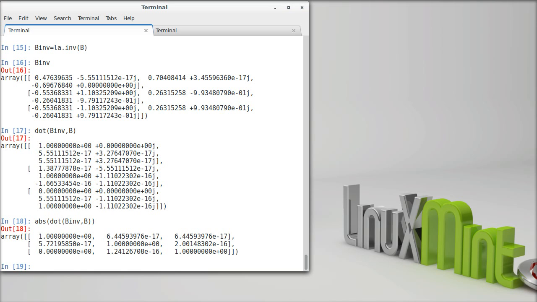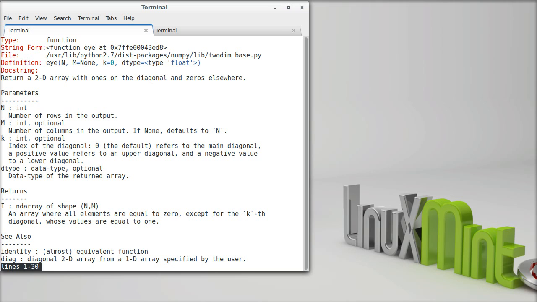And furthermore, we can subtract this off from the identity. Now, the identity is the diagonal matrix with ones along the diagonals. That can be constructed in a number of ways. In fact, an easy way to construct it is it's already done for us. I, spelled in a funny way, is with ones along the diagonal and zeros everywhere else.